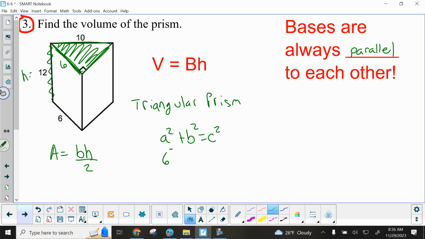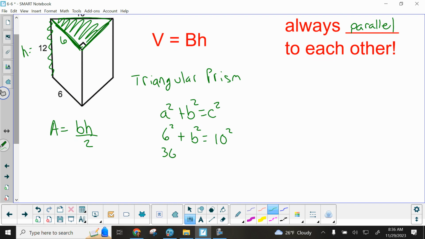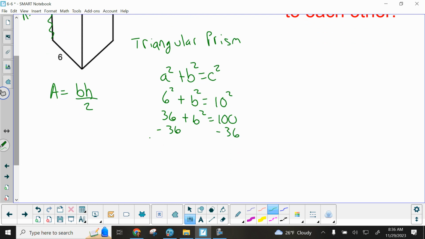So one leg, which is 6 squared, plus I don't know the other leg, equals 10 squared. So b squared equals 64. I take the square root. Technically, it's plus or minus.